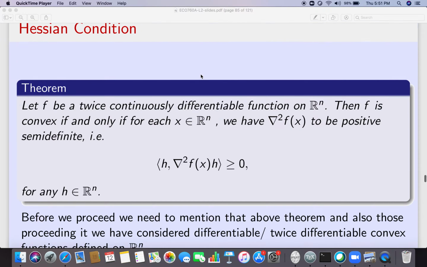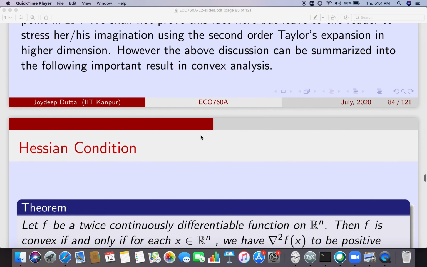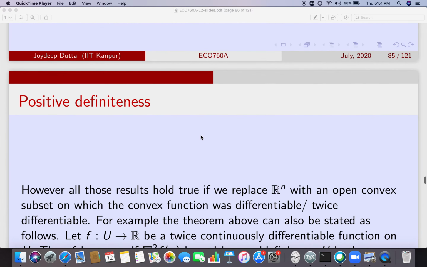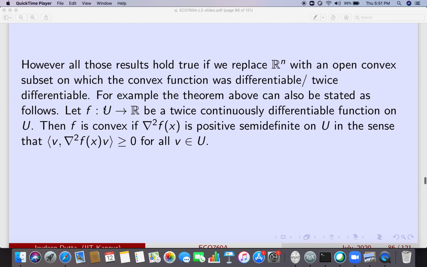Whatever results we have done for Rn, because Rn is just easy to handle and there are not many technicalities, with little technicalities you can do it for any open convex set U. Whatever result holds true in Rn, with an open convex set U on which a convex function is differentiable, the same results will also hold true.